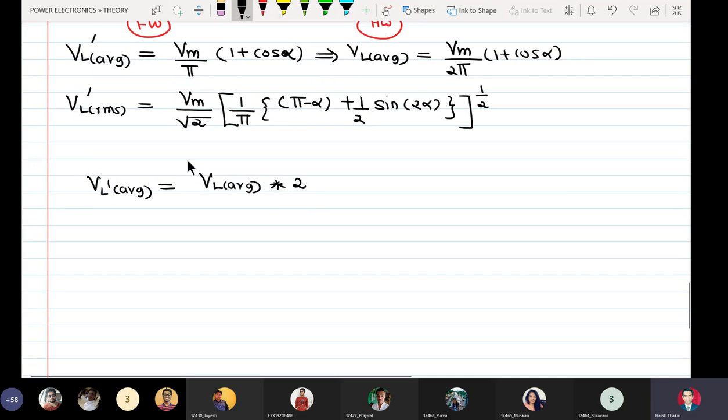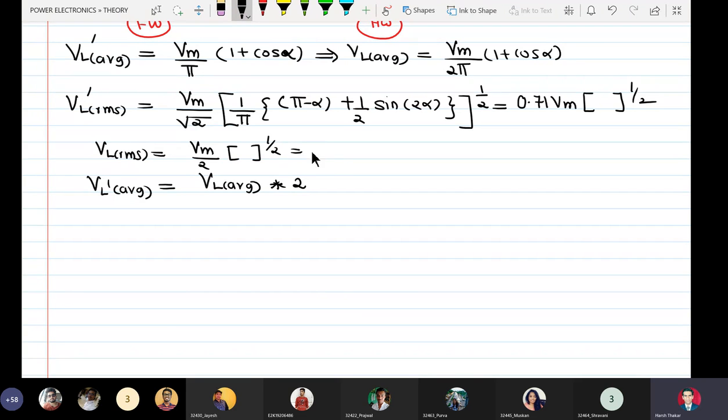And previously VLRMS was Vm upon 2, so basically Vm upon root 2 happens to be 0.71 times Vm into this bracket, and previously VL RMS was equal to Vm upon 2 into the big bracket, that is equal to 0.5 times Vm.